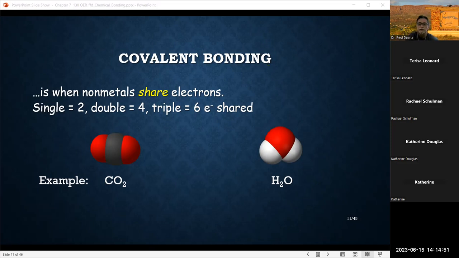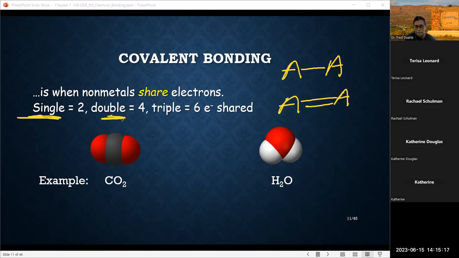Okay, so if I have a species of A bonded to A, that represents a single bond, one line. And there's 2 electrons in that single bond. I can also have a scenario where I got 2 lines. That represents a double bond. Okay, there are 4 electrons in that double bond.